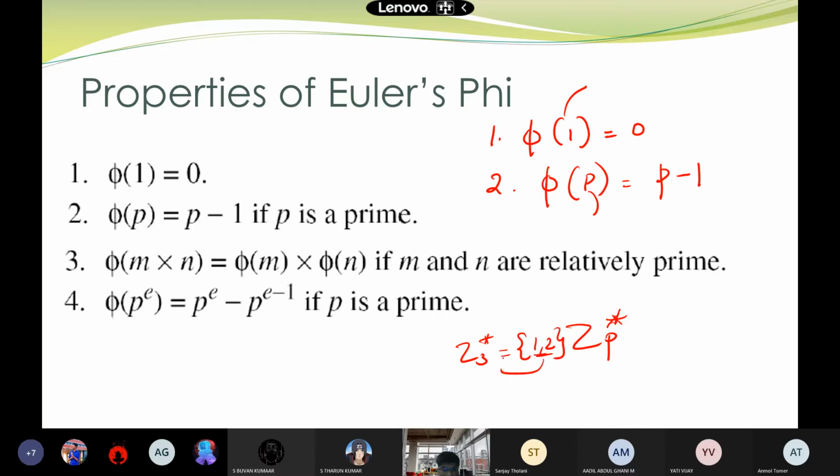So you have 2 elements in the set which are smaller than and relatively prime to 3, which means that GCD of 1 and 3 is 1, GCD of 2 and 3 is 1, right? So that is the point here. It's very simple, right? So phi of p, where p is a prime, the number of elements in the set is going to be p minus 1. So phi of 3 is 2.